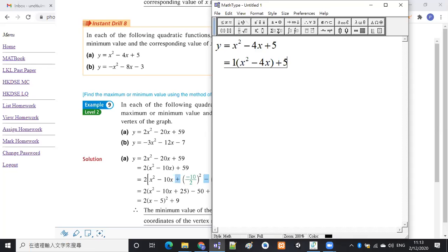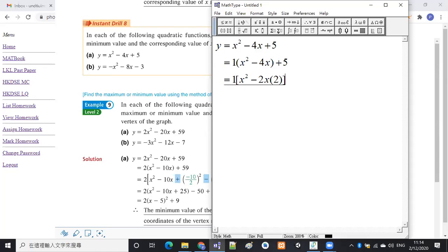Okay, just write the 1 here, and then we will change the inside x squared minus 4x as x squared minus 2xy. So x squared minus 2x times a number. Originally, it is 4x. I would like to change it to 2x times a number, and that number should be equal to 2, right?